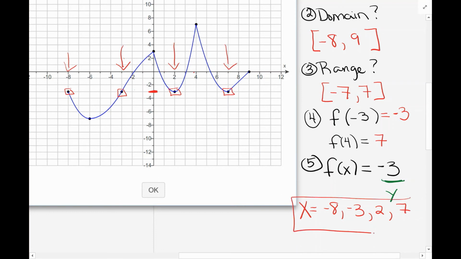All of these will be the answer because they want to know what x value will produce -3, and all of those will do that.